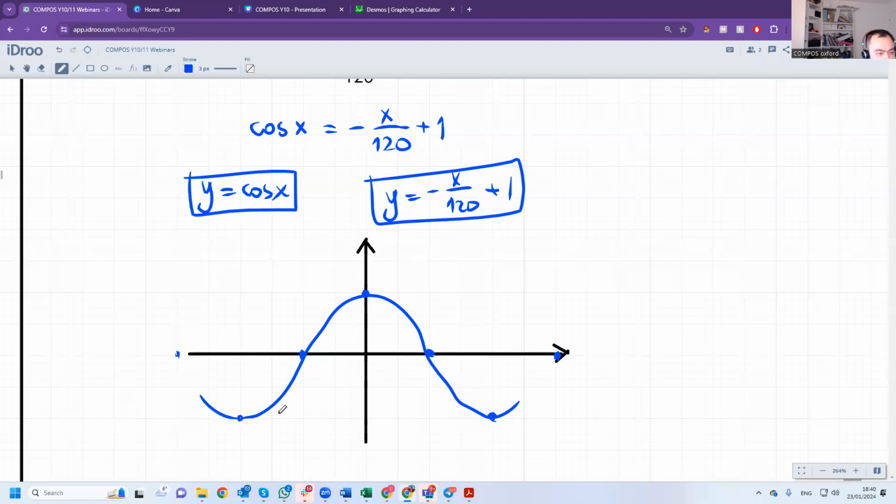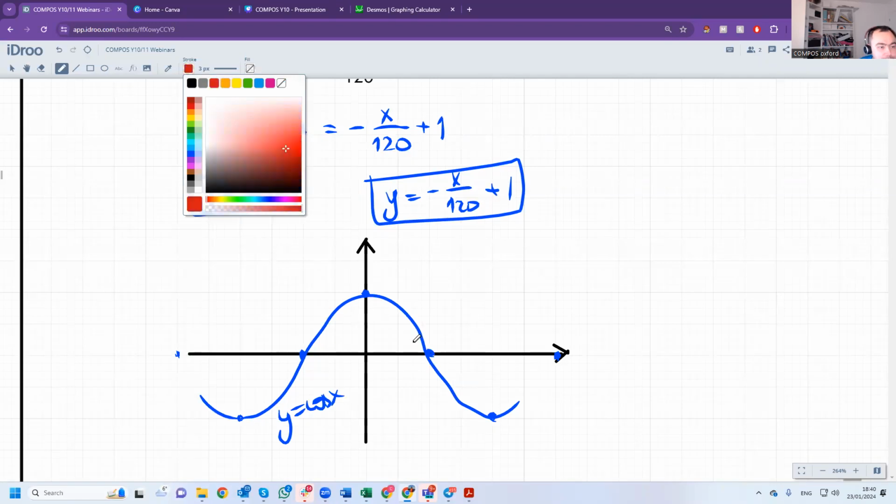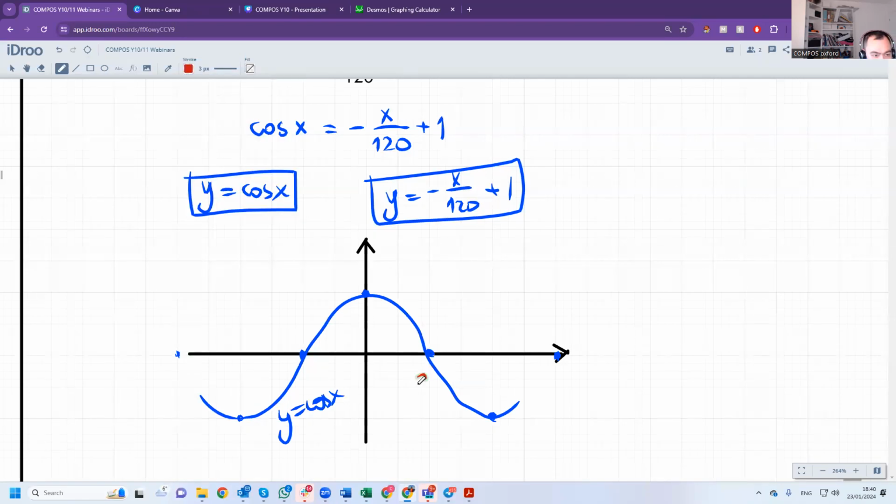So this is y equals cos x. This is 90, this is 180.